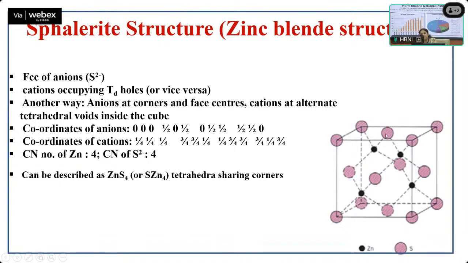And only one is linked to one tetrahedron. That means any two consecutive tetrahedra are sharing corners. So in terms of space filling polyhedral visualization, it can be described as ZnS4 or SZn4 tetrahedra sharing corners. Okay, I hope I am clear.